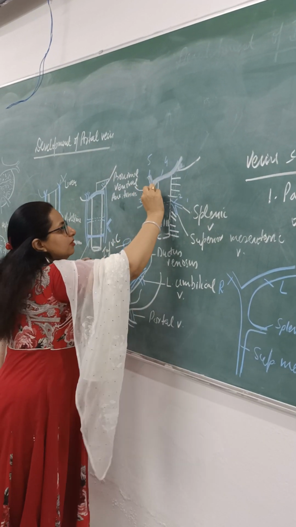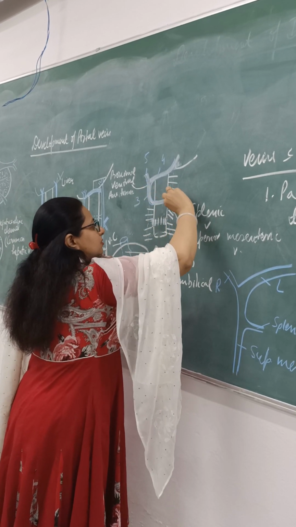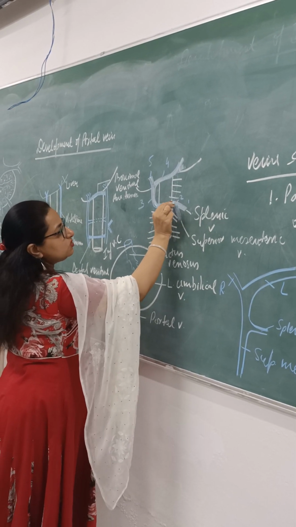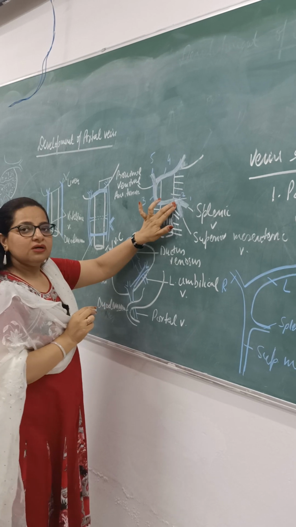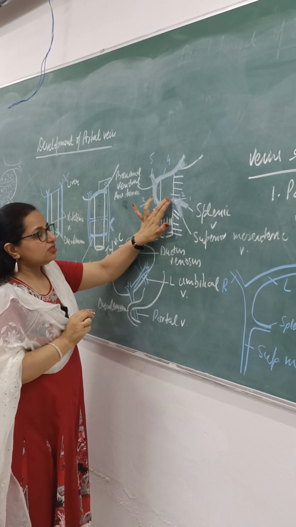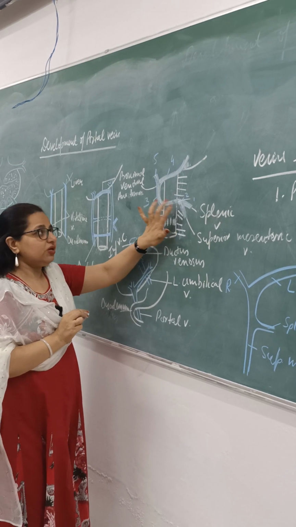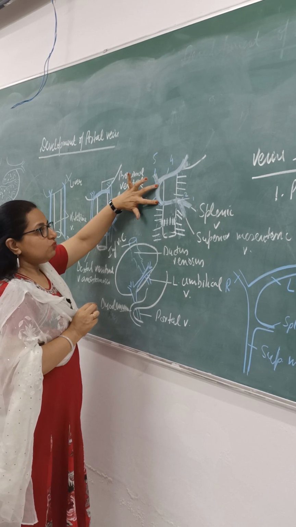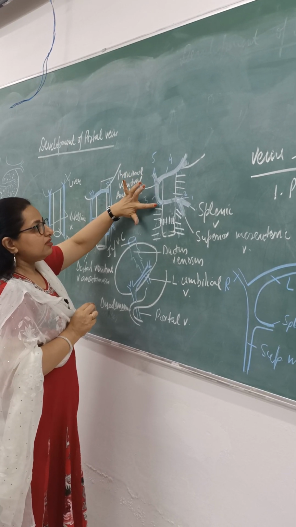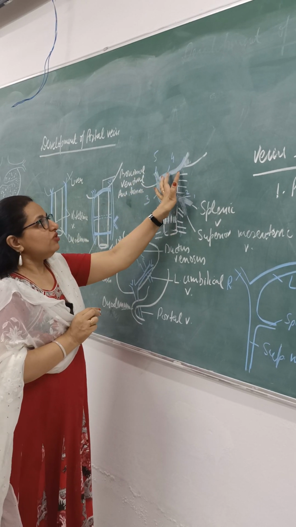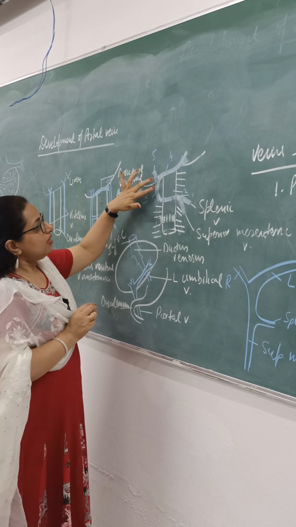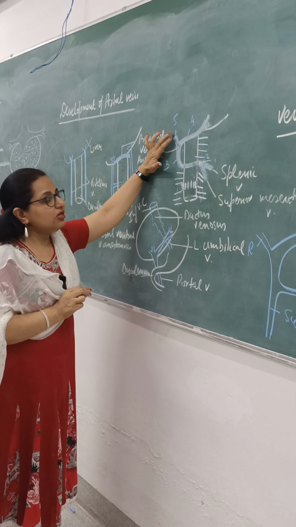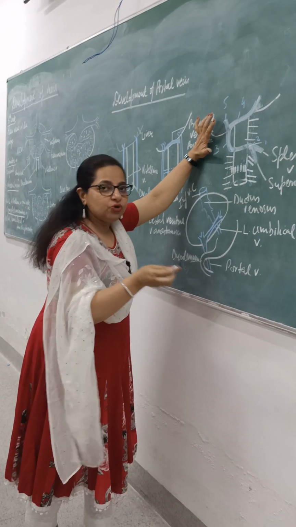So this is how the portal vein is formed, like this. Splenic and superior mesenteric, this part of the left vitelline vein, the dorsal anastomosis as such, the part of the right vitelline vein between the proximal ventral and the dorsal anastomosis, the whole of the proximal ventral anastomosis, and a part of this right vitelline vein entering into the substance of the liver. All these will form the portal vein as such.